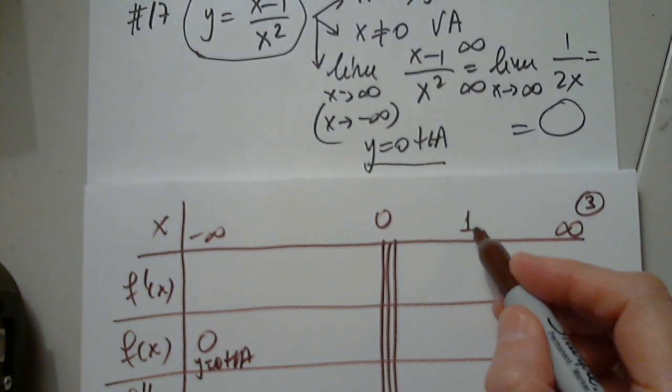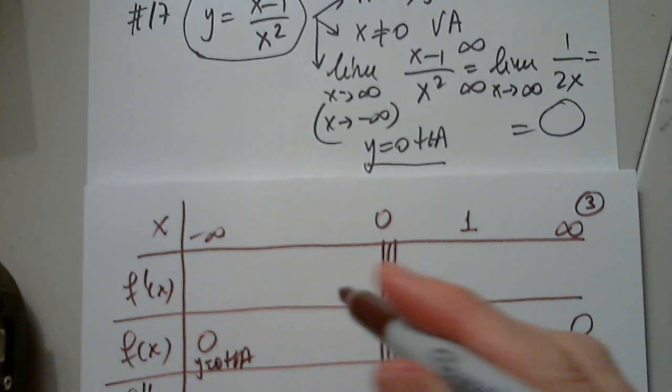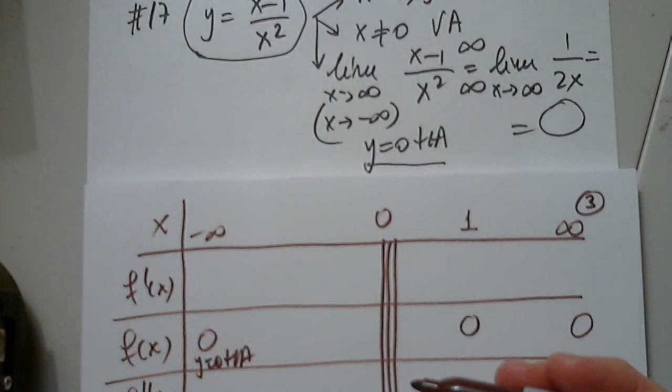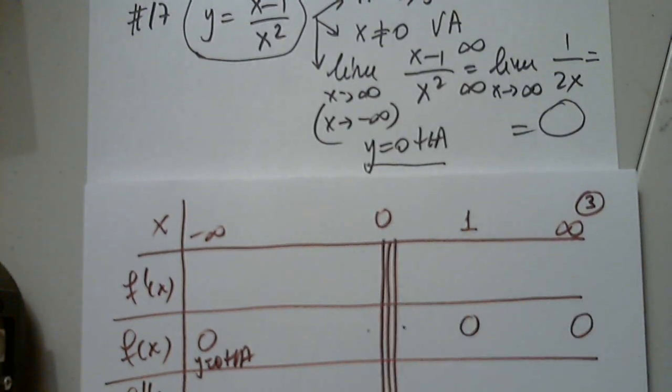At x equals 1, the function is 0. And now the limits left and right. And then I will start with the first derivative and then the second derivative.